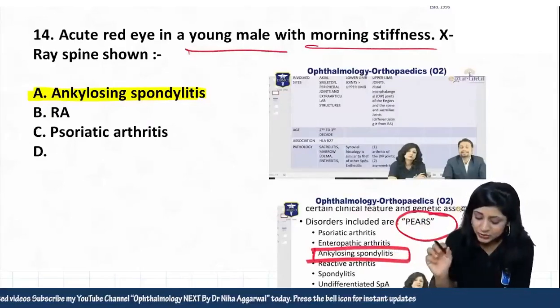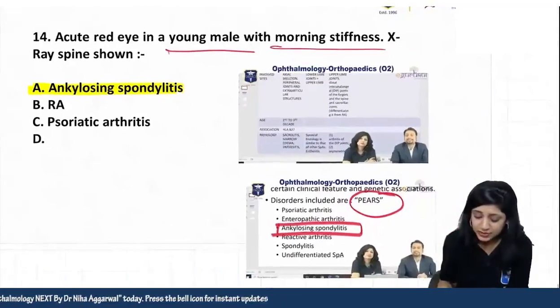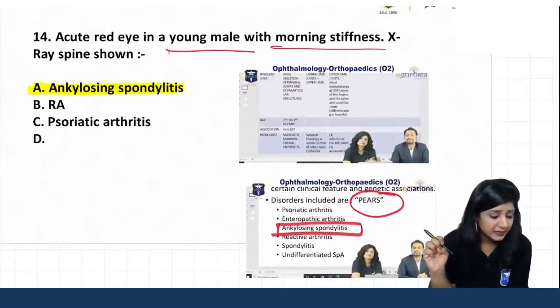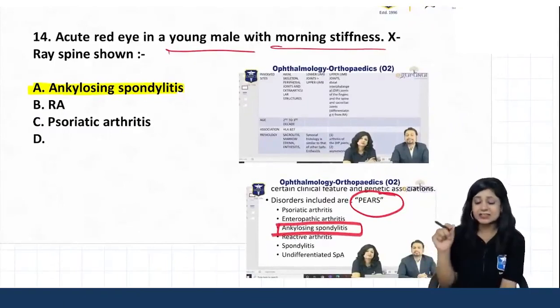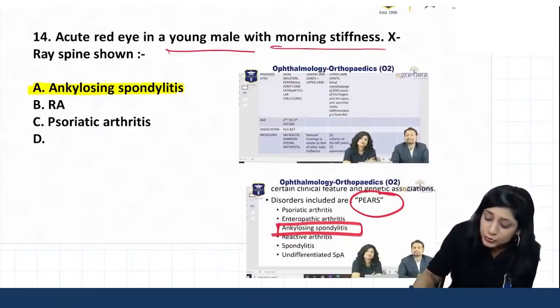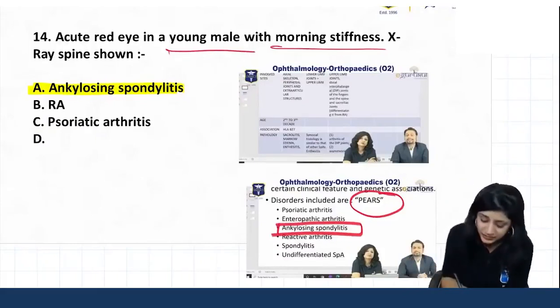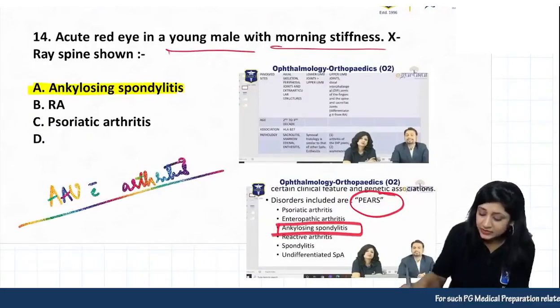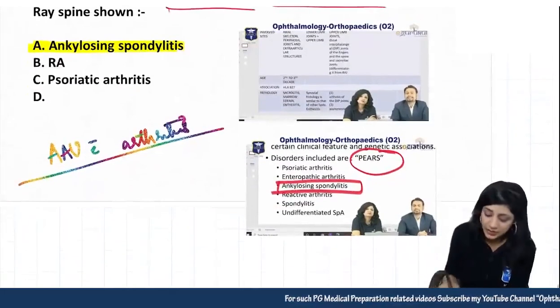So this is ankylosing spondylitis. Please check the options. I could get only 3 options here: ankylosing spondylitis, rheumatoid arthritis and psoriatic arthritis. Tanvir, this was in the notes. If you go to the topic of uveitis, there I have covered acute anterior uveitis with arthritis. Which options come under acute anterior uveitis with arthritis?